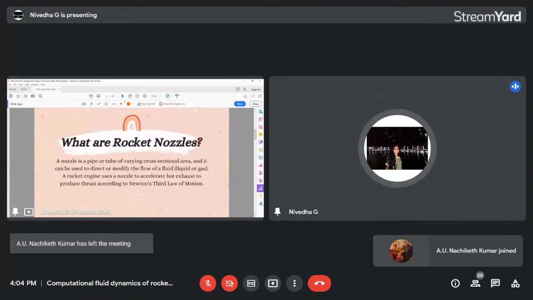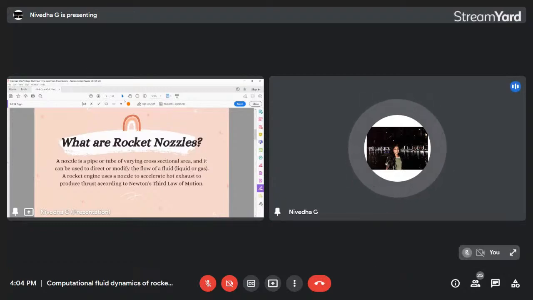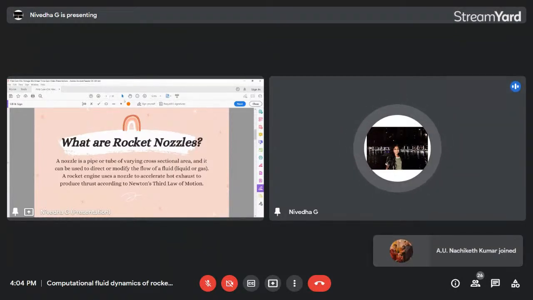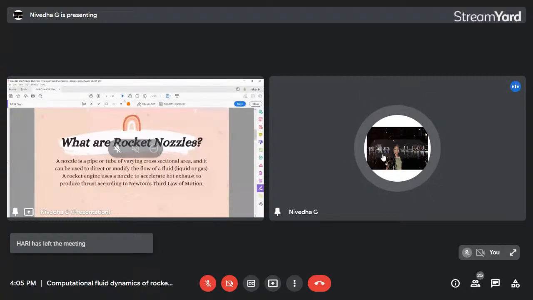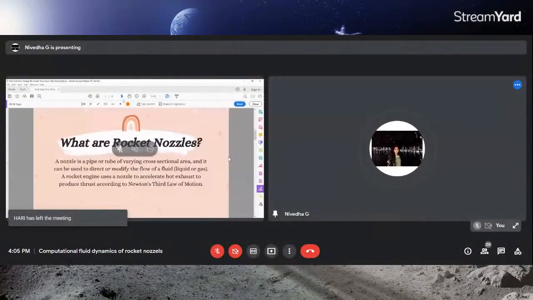When air is flowing through the divergent section, there is an increase in kinetic energy and a drop of enthalpy. If you are into chemistry, you will know what enthalpy is. So there is an increase in velocity and decrease in pressure at the exit of your divergent section. So this is your very basic working of your nozzle. That is just the skeleton of it.